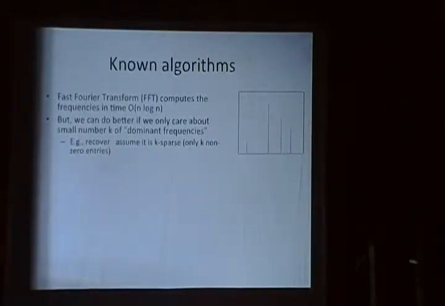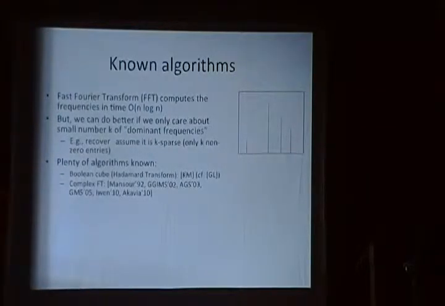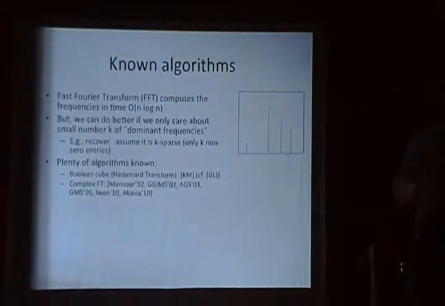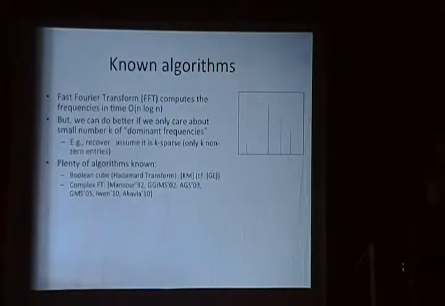So in this case, you can hope for algorithms which are faster than n log n, because these are special inputs. And indeed, it turns out that people were able to come up with such algorithms. The first algorithms of this type were developed for the Hadamard transform, which is the Fourier transform over the Boolean group, in the late 80s and early 90s by Goldreich-Levin, Kushilevitz-Mansour, and others.